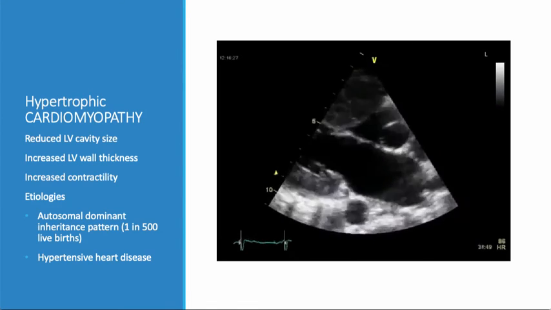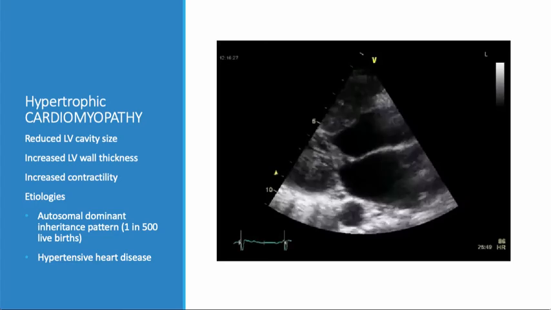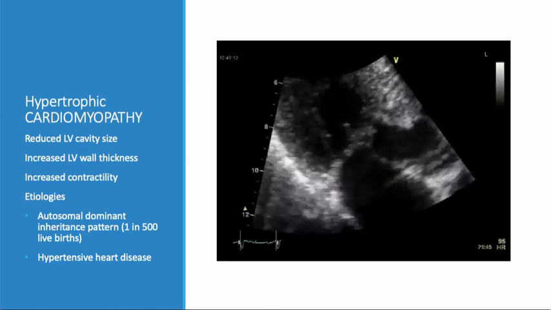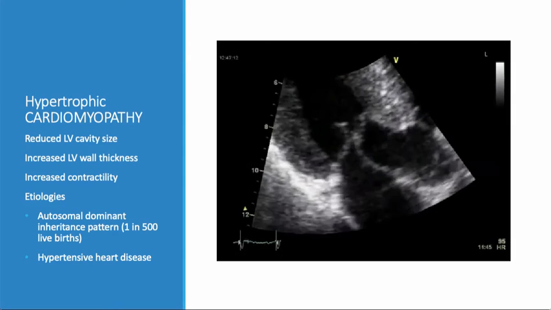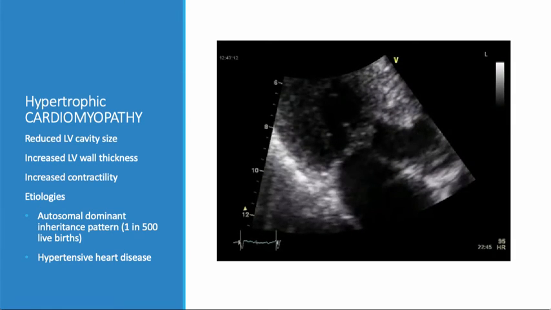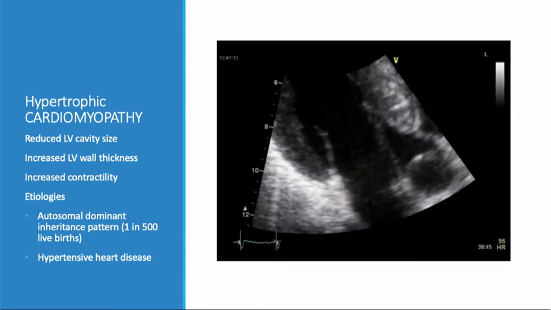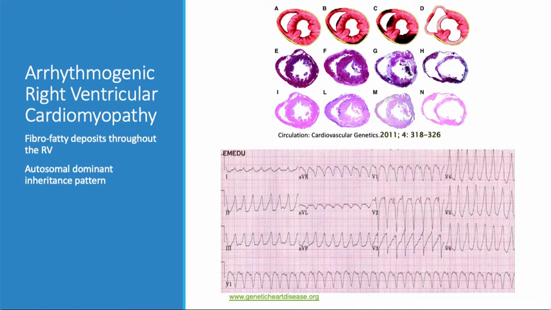Now, this can happen because of a congenital condition with an autosomal dominant inheritance pattern that we call hypertrophic cardiomyopathy, or the classic hypertrophic cardiomyopathy. And then there's hypertensive heart disease that sort of masquerades as hypertrophic cardiomyopathy. There are several different varieties of this.